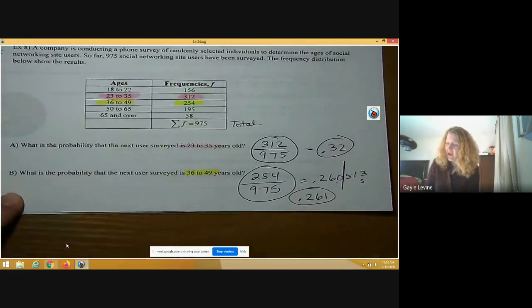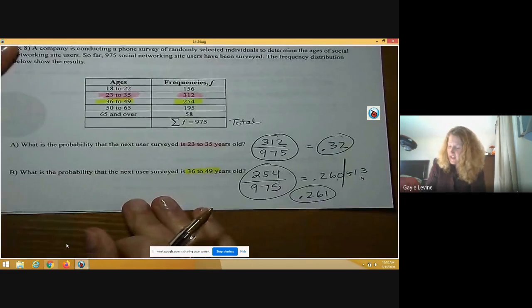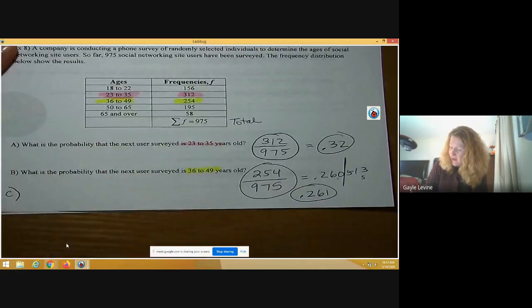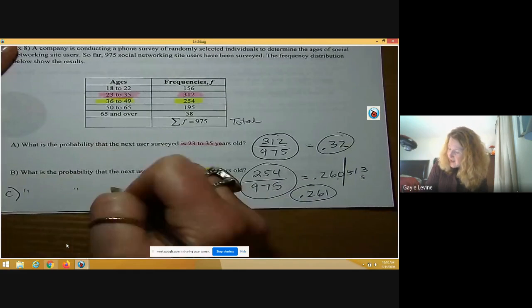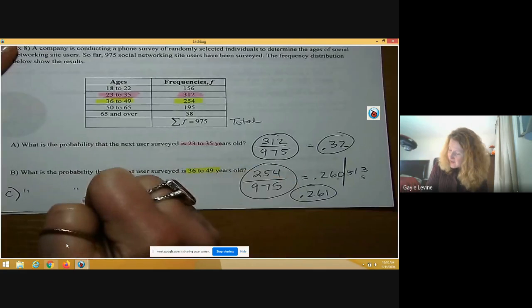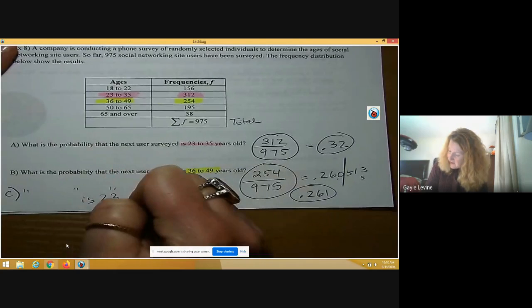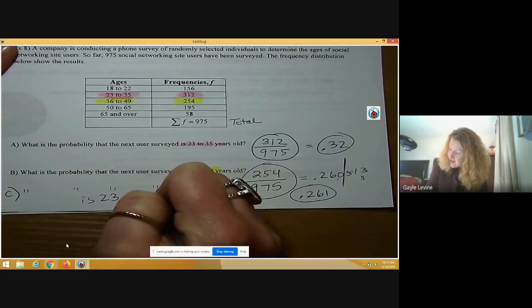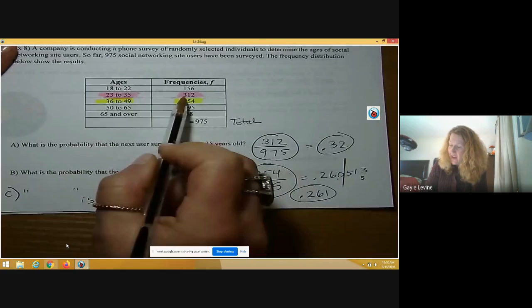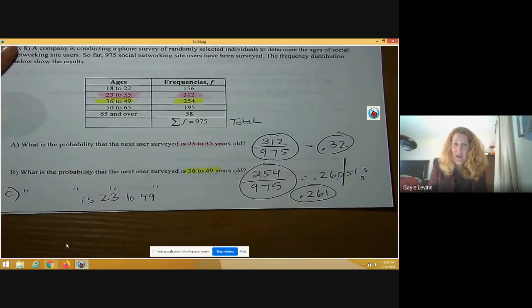Okay, I am going to do a letter C, just so you could see one that's a little bit harder. What is the probability that the next user surveyed is 23 to 49 years old? So now I'm looking at both the pink and the yellow. So I just expanded it to 2 rows.